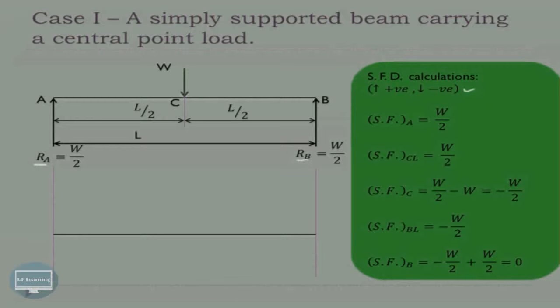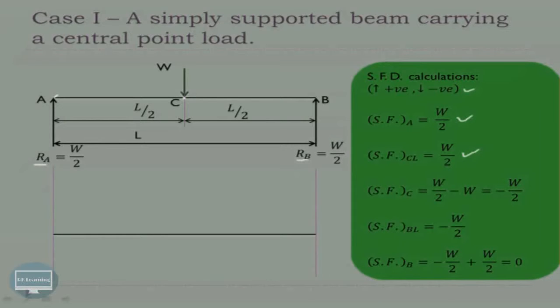Now we'll start with the shear force diagram calculations. Shear force at point A is nothing but reaction RA, which is acting in the upward direction and hence positive. Shear force just at the left of C, without considering the point load, will be the same as that of A, because there is no other force acting between A and just at the left of C. So whatever is the shear force at A, the same will be written over here, that is W by 2.